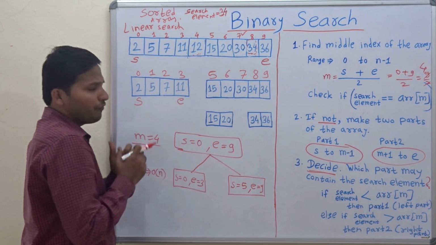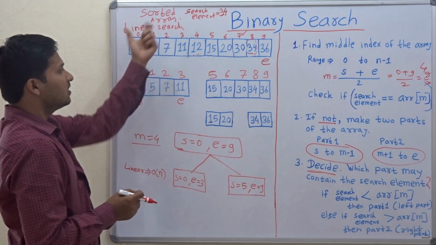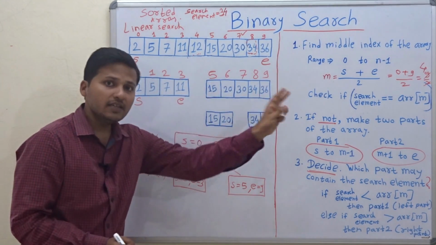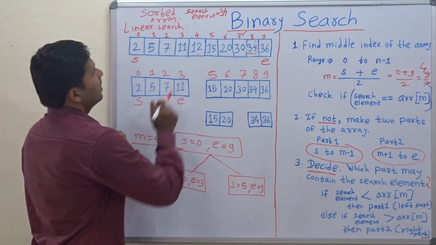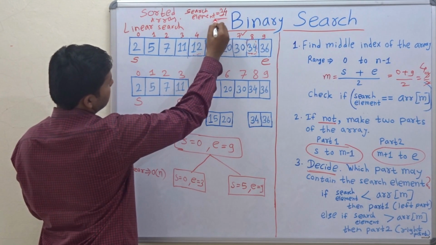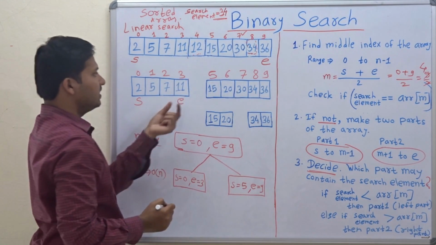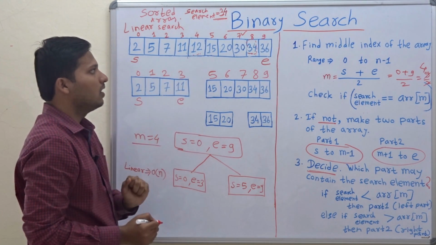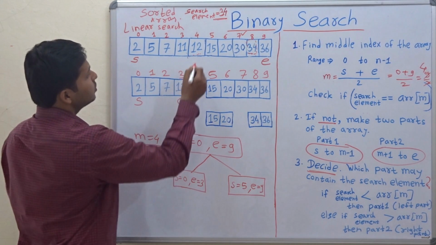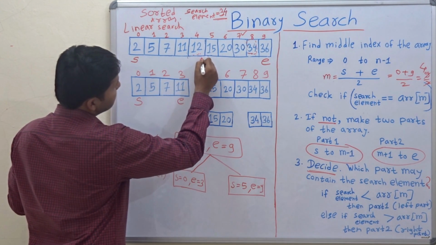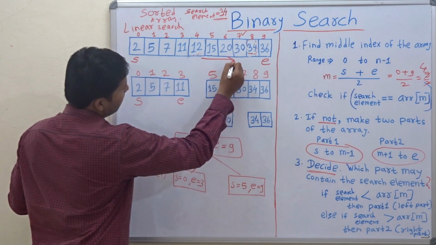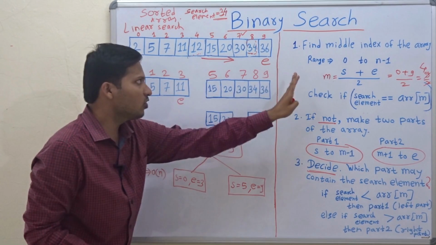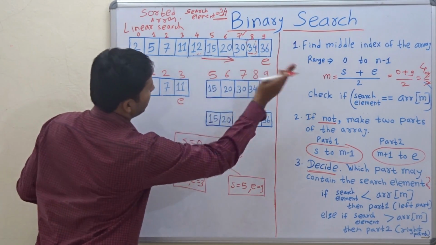It is a matter of common sense that if the given array is sorted in ascending order, and your search element 34 is greater than the middle element, that is 12, then obviously 34 should be present ahead of 12 in this array, in the next part of the array, that is, after 12.